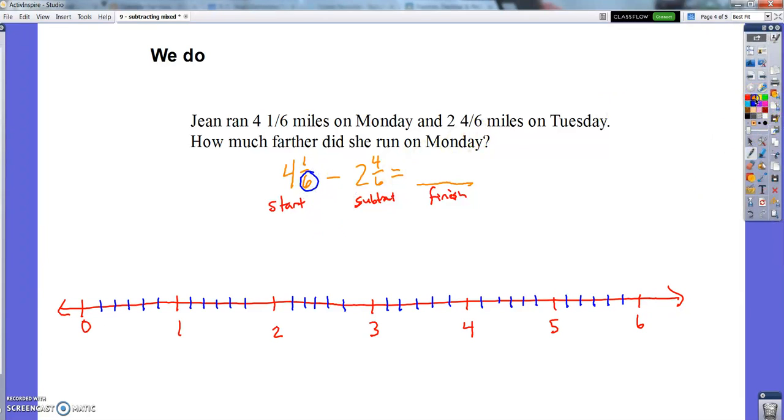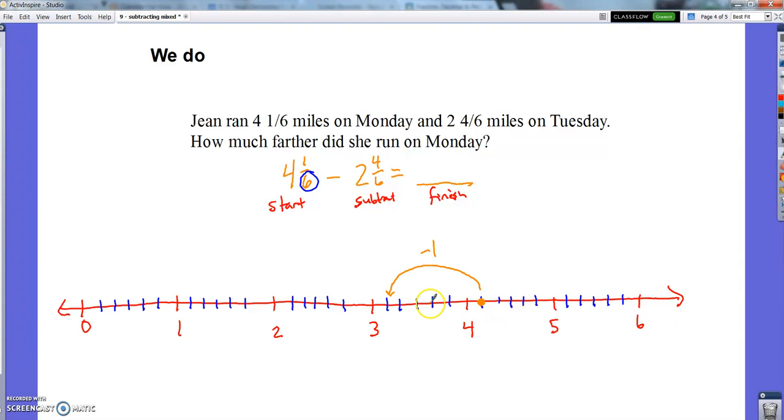So I am going to start here at 4 1/6. So here is 4. So here is 4 1/6. I'm going to take away 2 wholes. Now to take away a whole, I take away 6 sixths. 1, 2, 3, 4, 5, 6. I'm going to go from 4 1/6 back to 3 1/6. That's a whole.